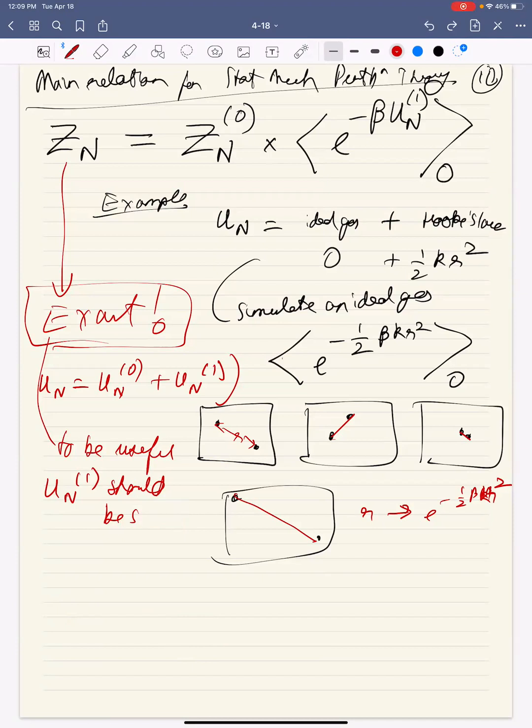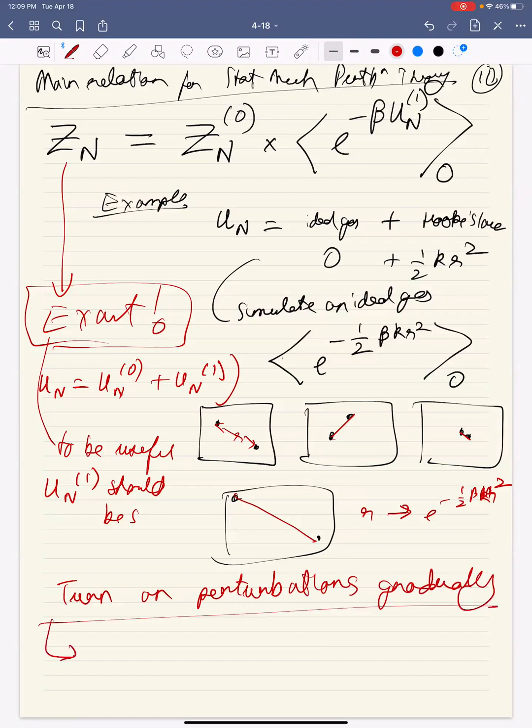So what we will do is turn on perturbations gradually. We won't do it in this class, but that's the main idea, why it becomes useful in practice. So how do I explain it to you without getting too much into simulations and things like that? Let me write it on the next page. So actually I can write it down quite rigorously.